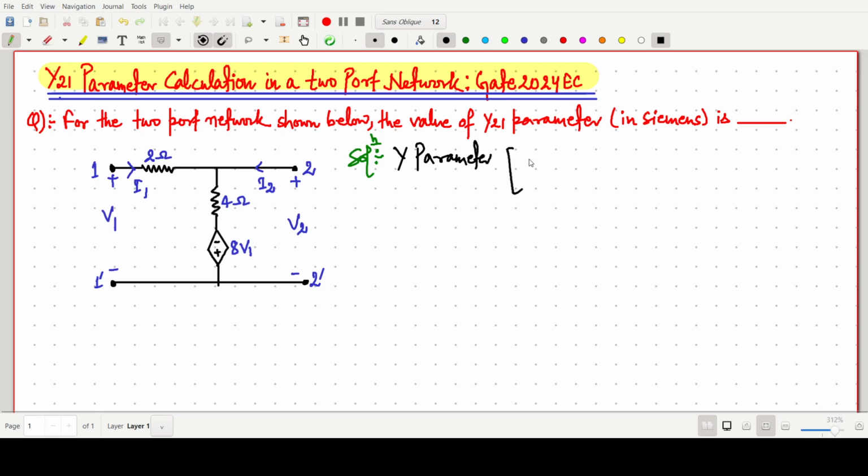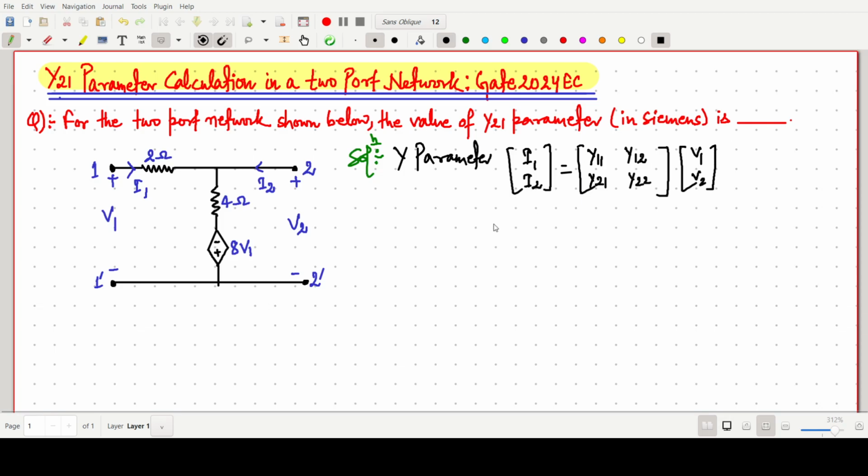If you know the basics, you can solve. So I am writing the matrix [I1, I2] equals [y11, y12; y21, y22] times [V1, V2]. This is the Y parameter matrix.